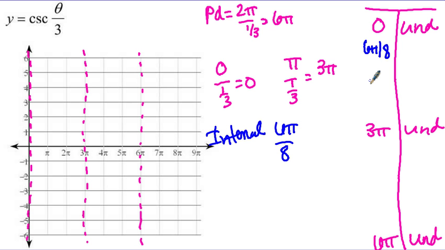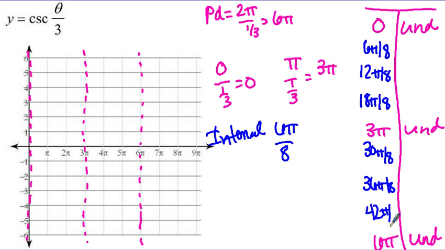So we have 6 pi over 8, and we're going to have 12 pi over 8, then we're going to have 18 pi over 8. 18 plus 6 would be 24, which 24 divided by 8 gives us the 3. We'd have 30 pi over 8, and then 36 pi over 8, and then 42 pi over 8.